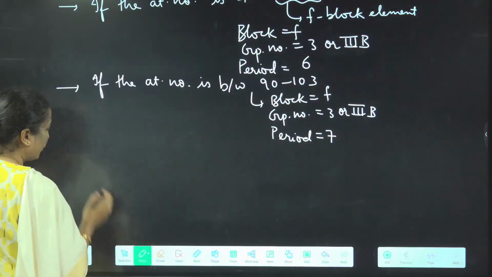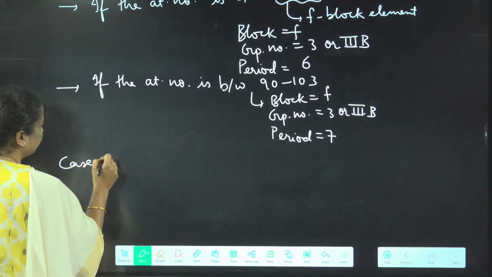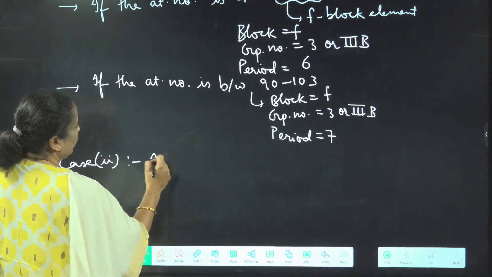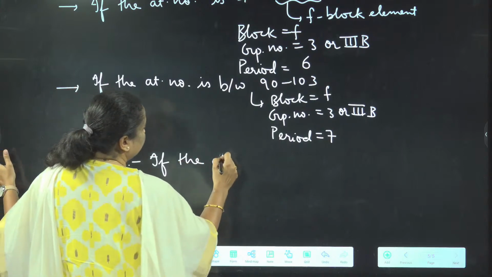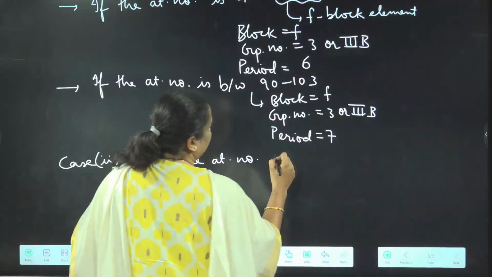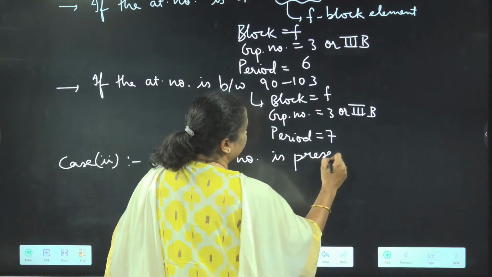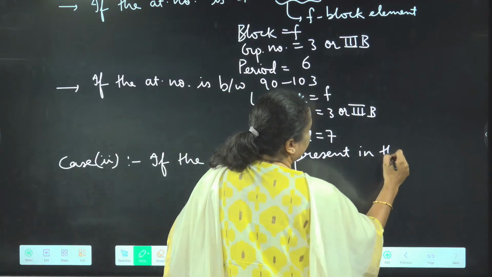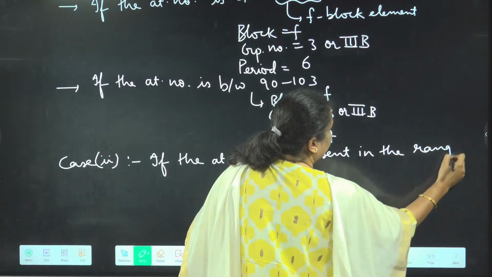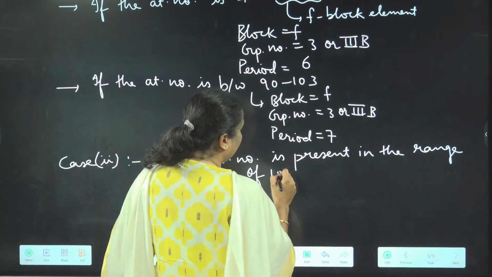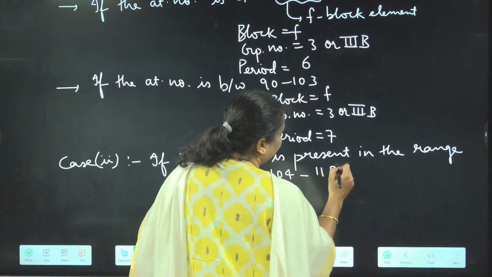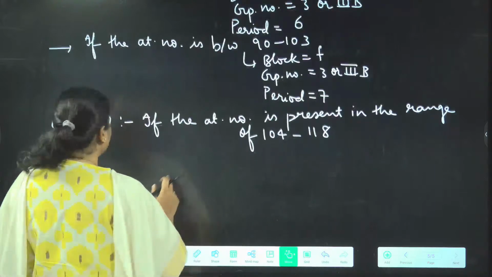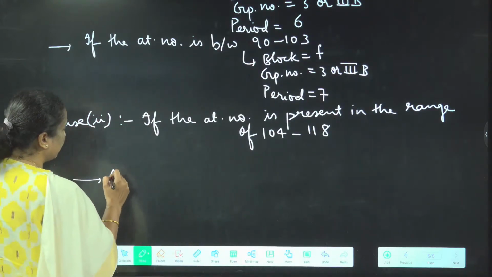Now let us move on to this case 2 in this only, right? So if the atomic number is present in the range of 104 to 118, okay? So let us see how do we proceed for this.